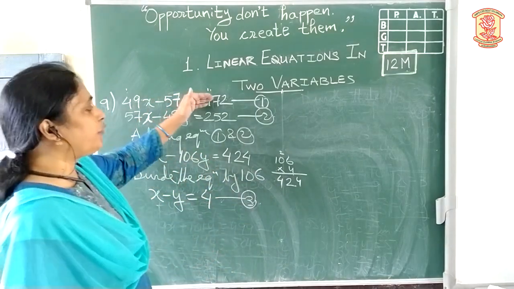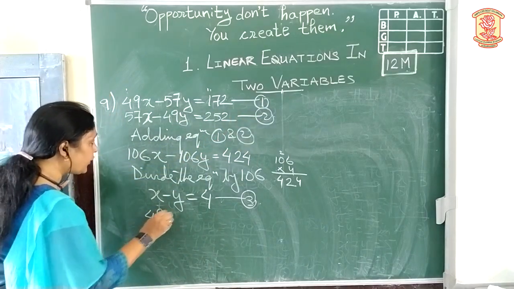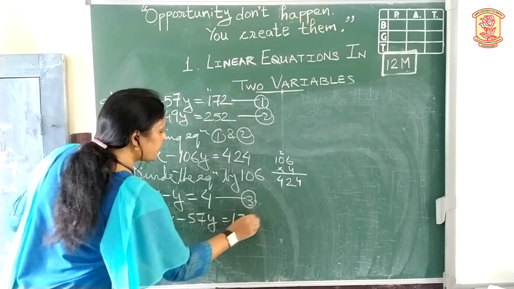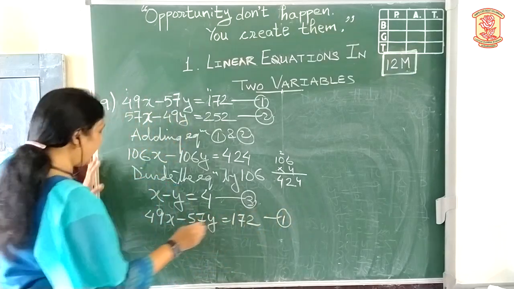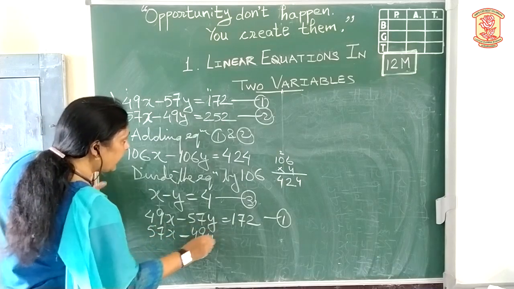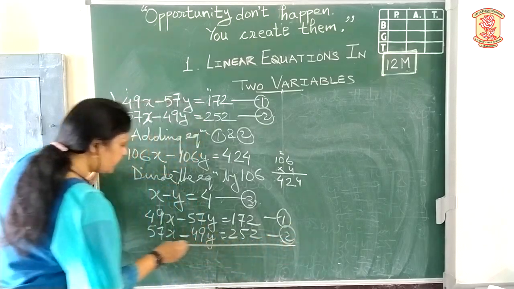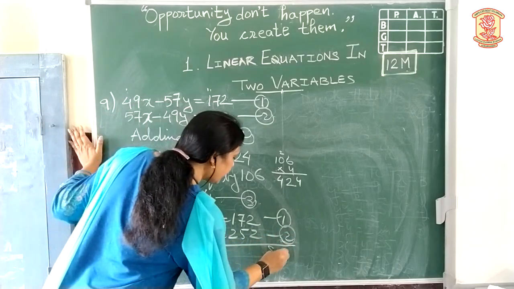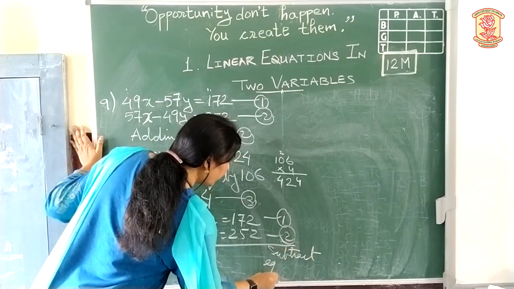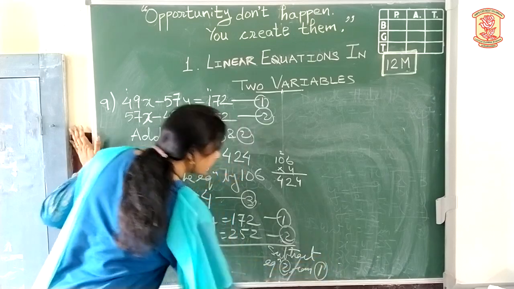Again, for subtraction, we have to write down both the equations again. That is 49x minus 57y equals 172 and 57x minus 49y equals 252. Subtract equation 2 from first.